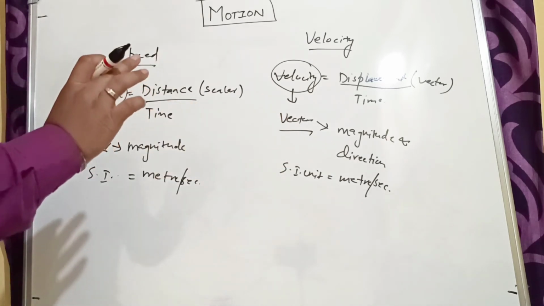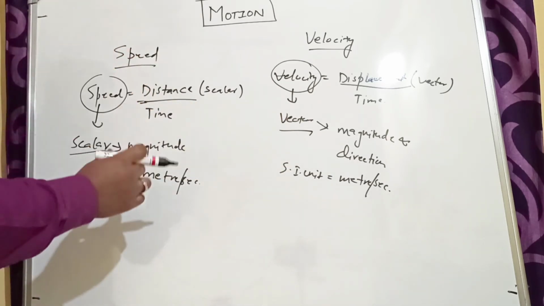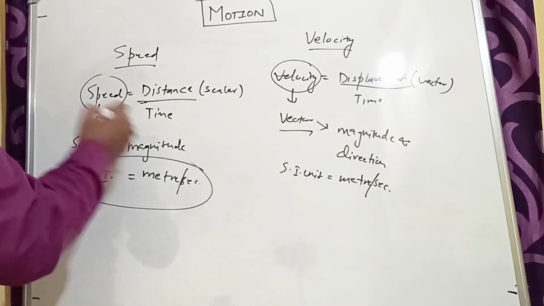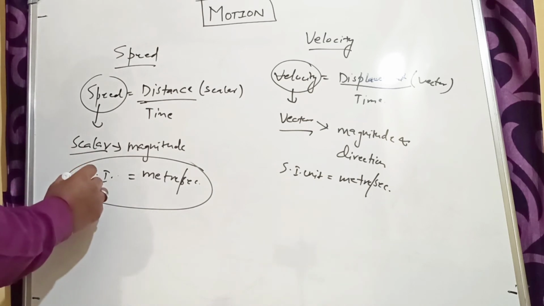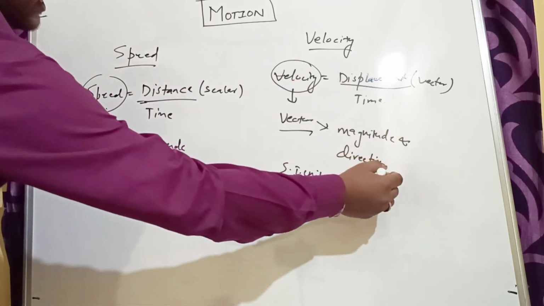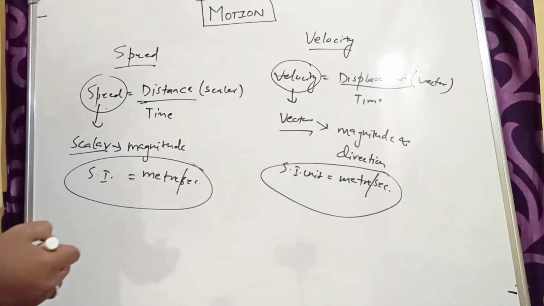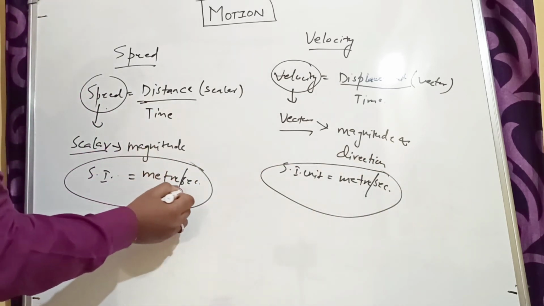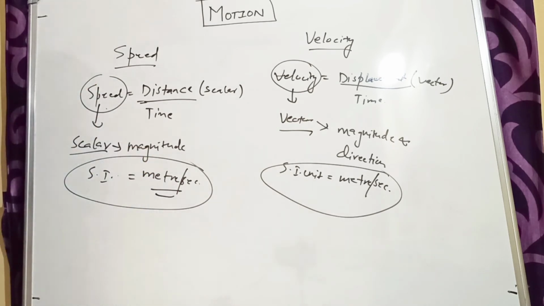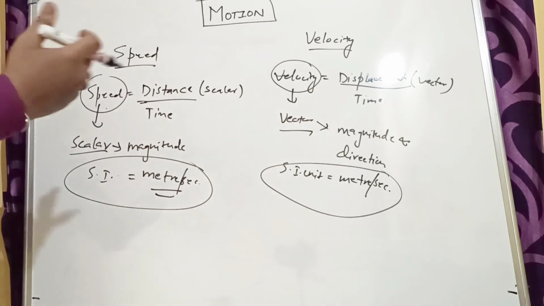Now there is one thing, how you are taking out the units of physical quantities. I am writing the SI unit of speed as meter per second, and the SI unit of velocity as meter per second, both are the same. So how are you getting this meter per second? It's very simple. Understand the concept, then you will not have to memorize the SI units.